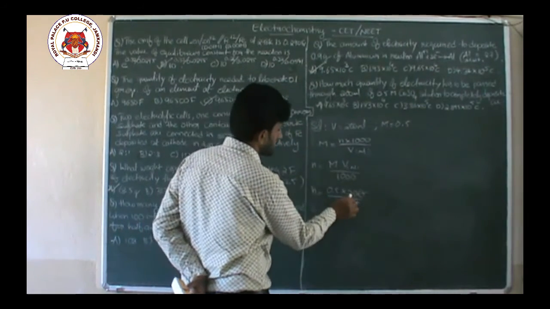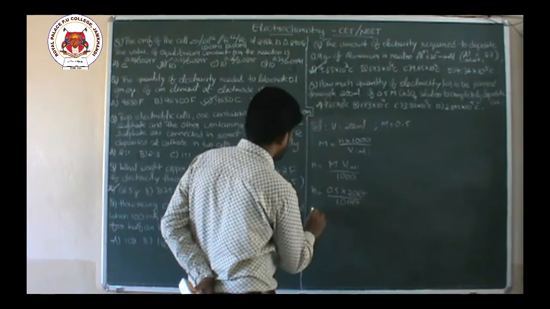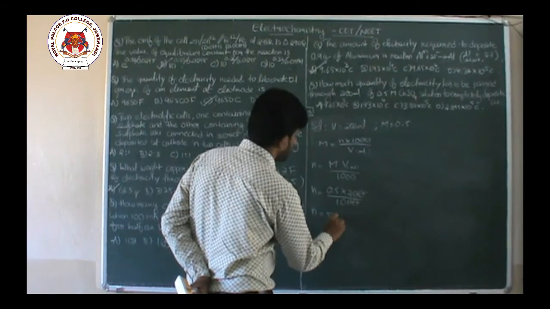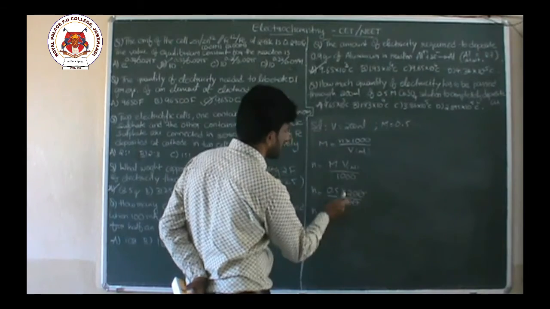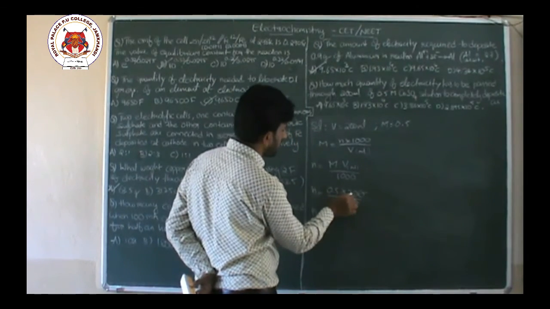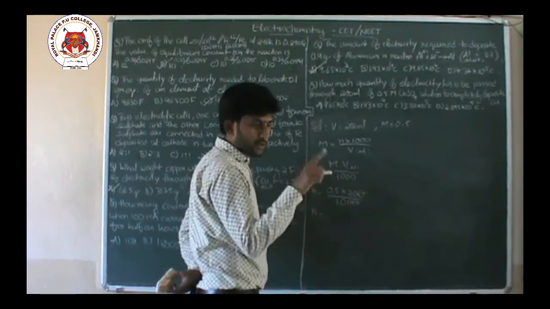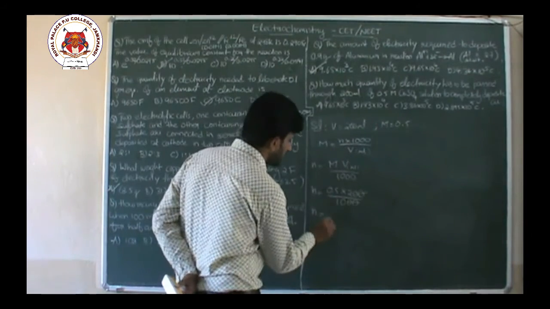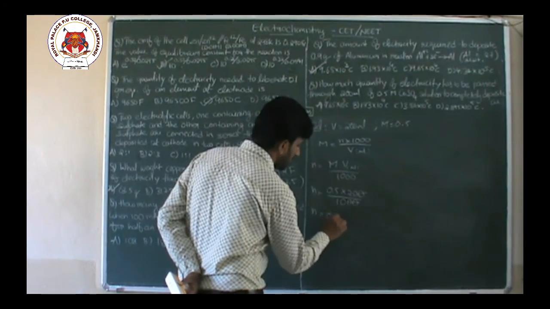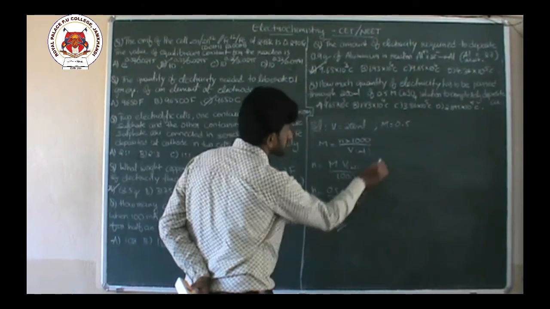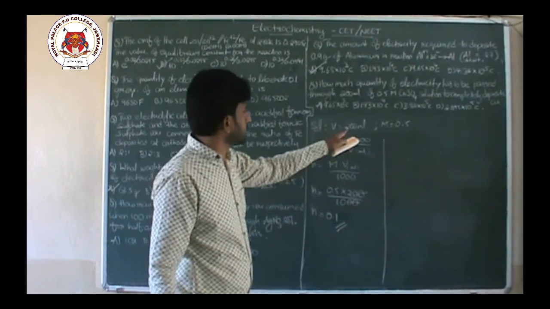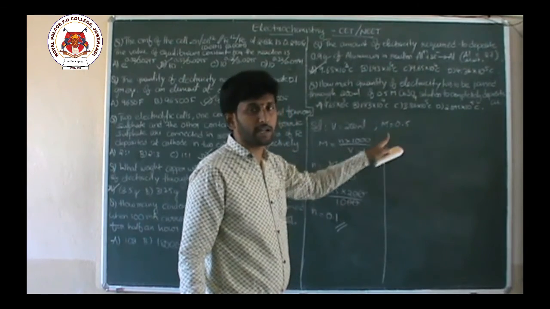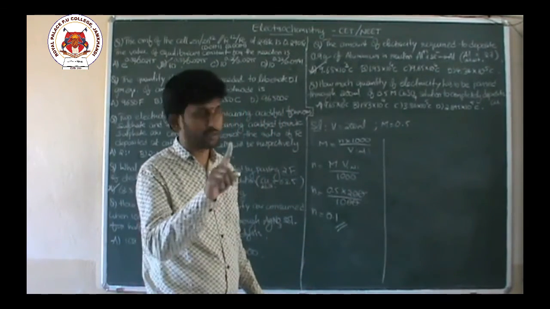So this is 5 into 10 raised to minus 1 into 2, or else you can directly take this one, 0.5 into 2, that means 1 by 10. 1 by 10 is nothing but how many moles, sir? 0.1 moles. So number of moles in 200 ml of 0.5 molar copper sulfate is 0.1 moles.